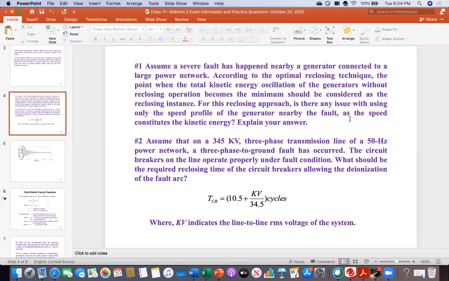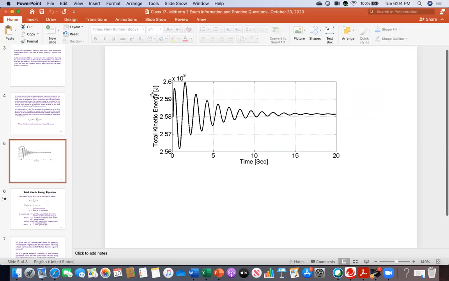And that is the reason, going back to that total kinetic energy oscillation. If you see total kinetic energy, this profile captures the information of all generators. It is taking into account all information. Consequently, the minimum point that you are looking at is capturing information of the whole system.